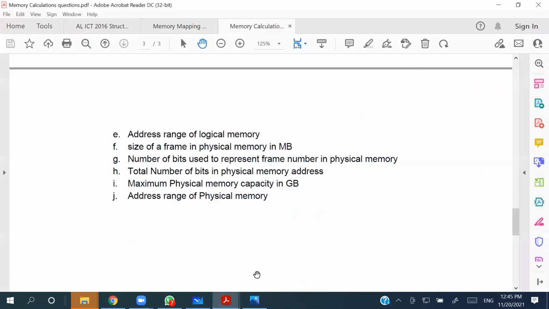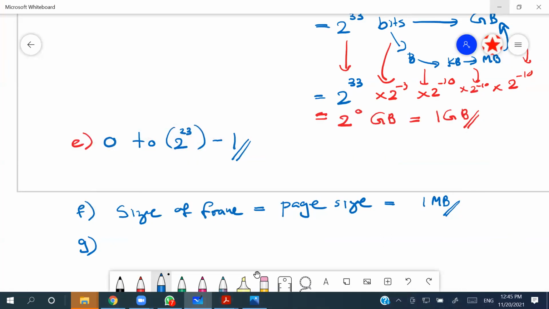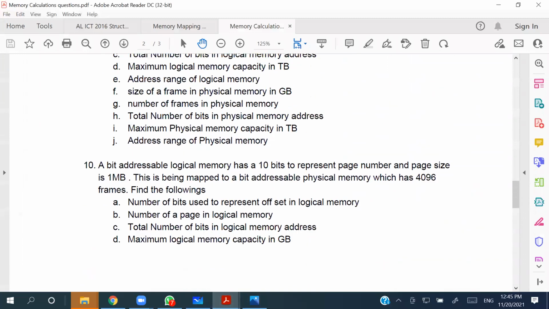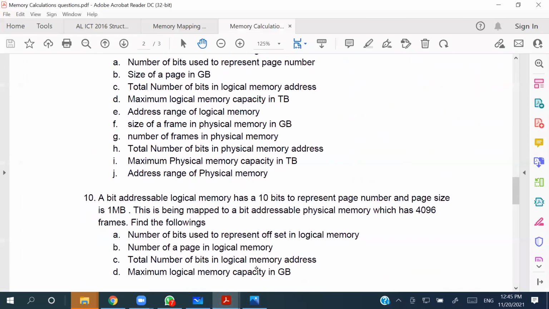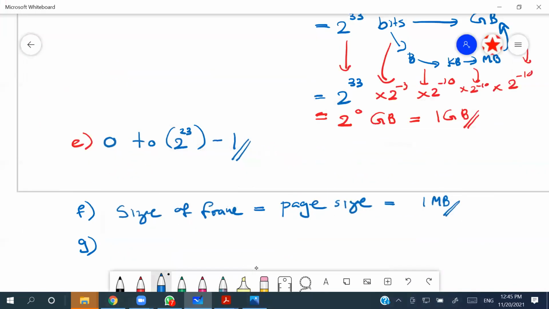G, it is asking number of bits used to represent frame number in physical memory. Now that can be changed. In the question, it says there are 4096 frames. So number of frames equals 2 to the power frame number bits.